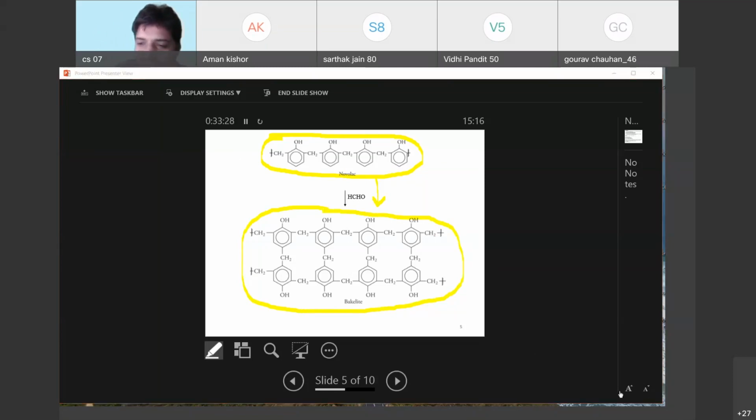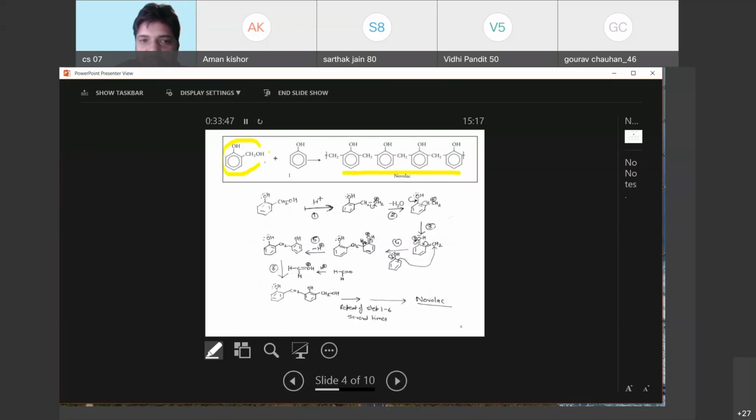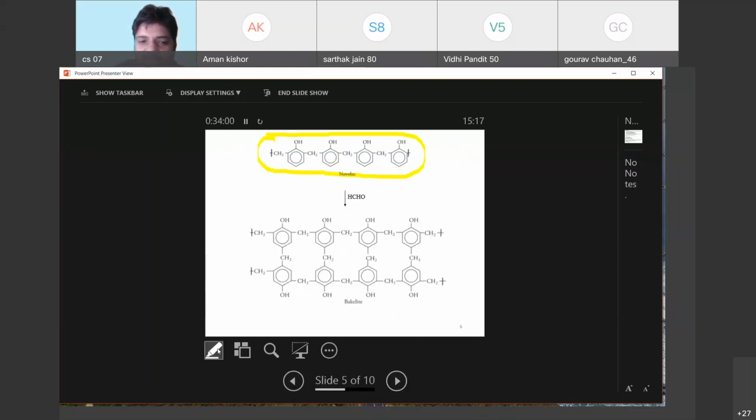Okay, but basically you can remember that this novolac here is formed through the formation of this molecule. Okay, when you have CH2OH, it is at the ortho position after the formaldehyde reaction. Okay, when you perform further reaction, you first have CH2OH formation at para positions.